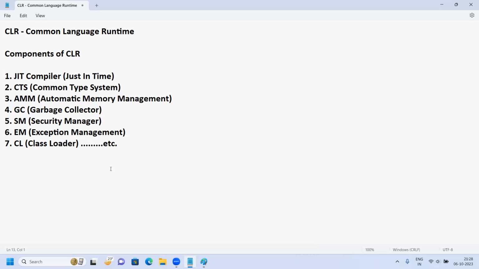Now, when we were involved in that, there used to be a lot of problems. In allocation also we used to face problems. In deallocation also we used to face problems.